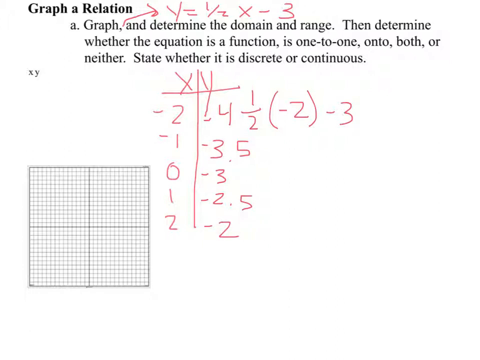So if we go to graph those, we're going to go to -2, -4, we'll go to -1, -3.5, we'll go to 0, -3, we'll go to 1, -2.5, we'll go to 2, -2.